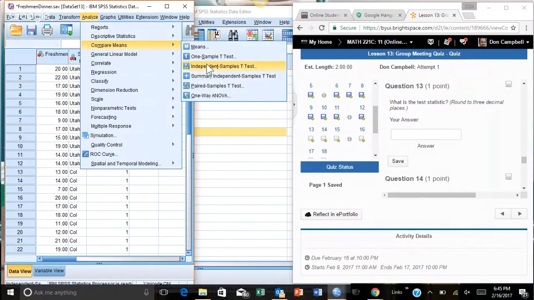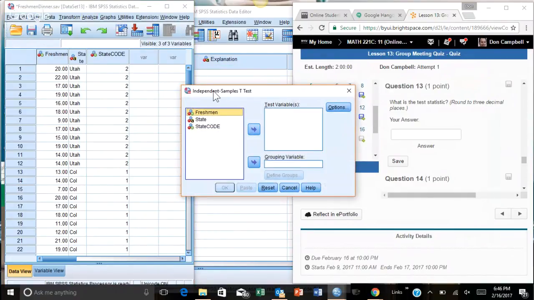For two means, paired data? We have two different groups that we're surveying, and one group doesn't influence the other, does it? No, it does not. So that would be an independent samples t-test. Correct.